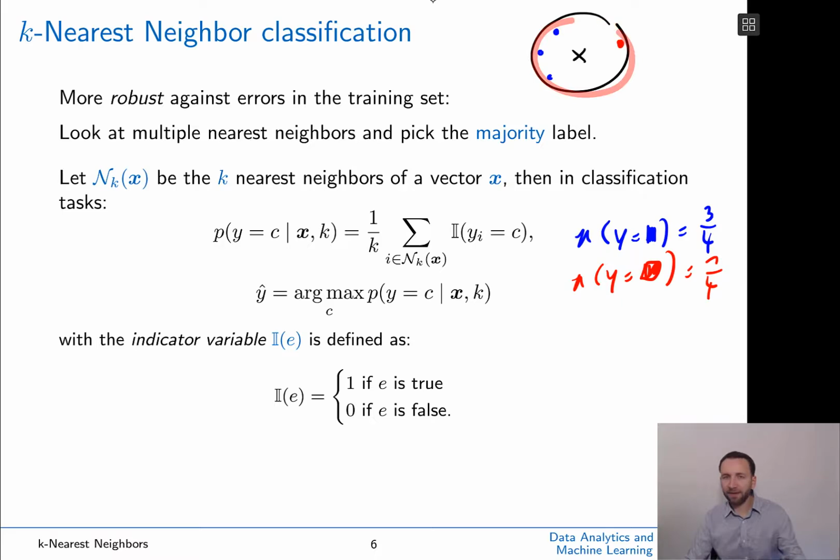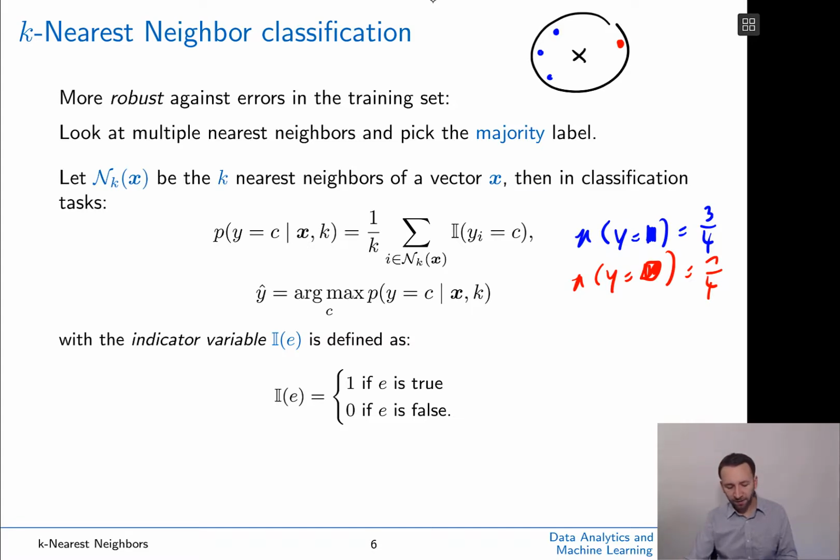In this tiny example. This is exactly what is illustrated here. Here you have the indicator whether the label is red or blue, here you sum over the full neighborhood, and here you normalize it to make it a proper probability distribution, because these terms should sum up to 1.